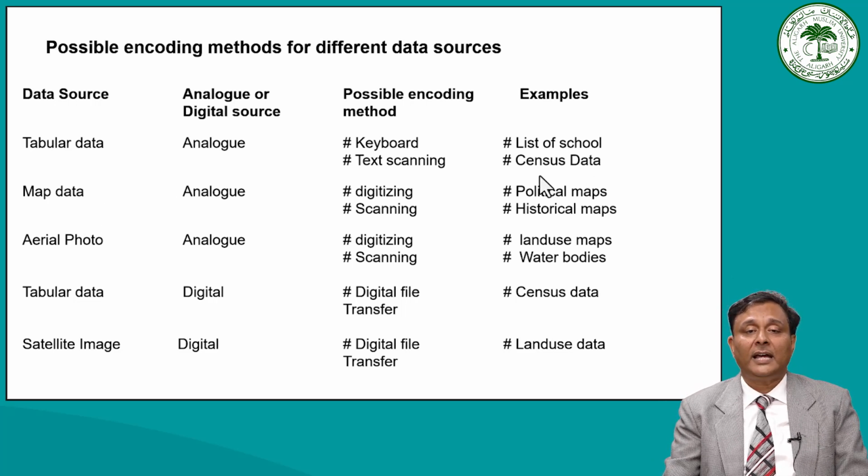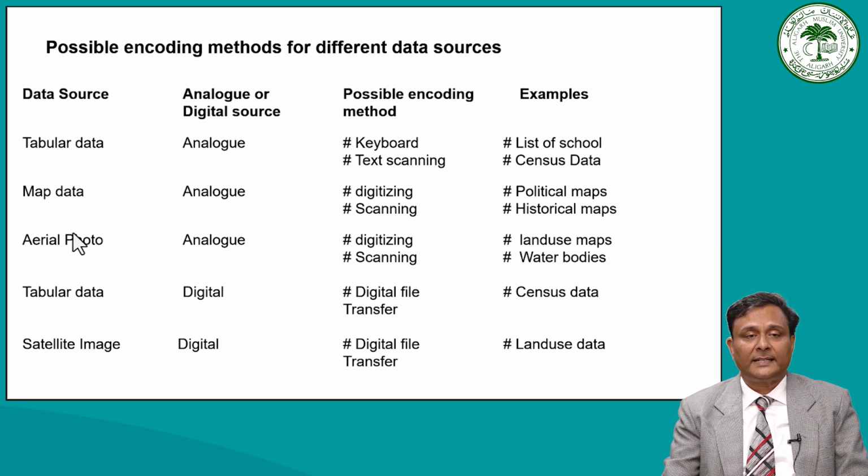So here we are using the analog mode of incorporating map data or picture or image data into the spatial information. This can be done through digitizing or scanning of maps. So digitizing, using the on-screen digitizing or the digitizing tablet, we can incorporate it into the spatial information.